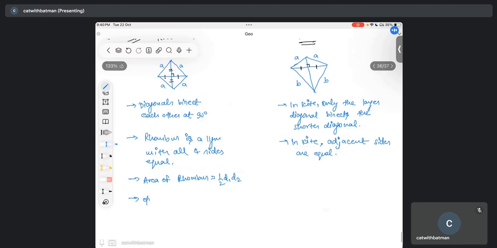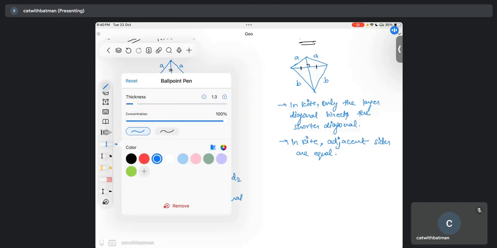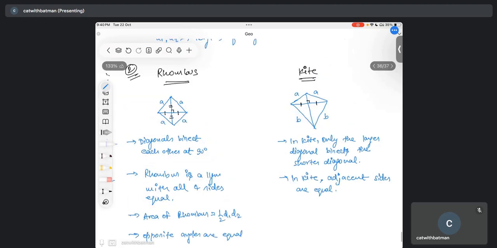Also in a rhombus, opposite angles are equal. That is, this angle will be equal to this angle and this angle will be equal to this angle. I'm not sure if you can see that. It is very light, but I'm referring to these angles of the rhombus.